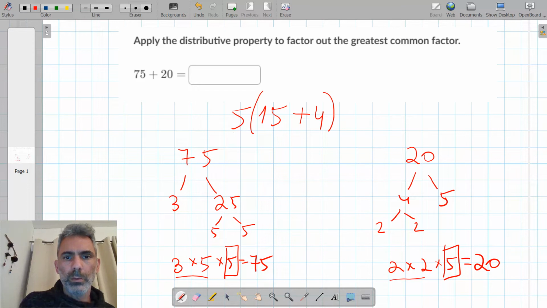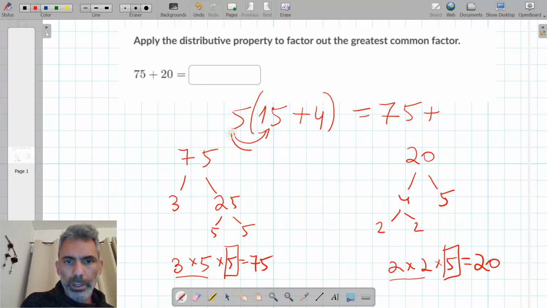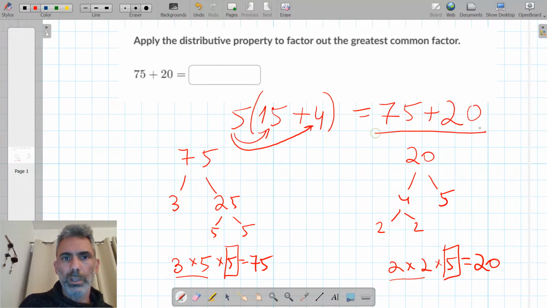Because when we apply the distributive property, 5 times 15 is 75, and 5 times 4 is 20, which is the original expression.